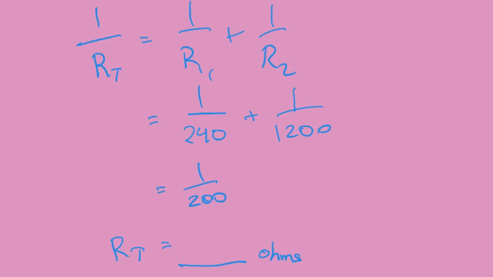All right, are you ready? We need to find the total resistance. So here's our formula. When they're in parallel, the total resistance is equal to 1 over R1 plus 1 over R2. So you should have gotten 240 for R1 and 1,200 for R2. Now use your calculator, and if you have the A, B, C button, you can put in 1 over 240 plus 1 over 1,200. And I want you to do that step. Okay, go ahead and do that and confirm that you get 1 over 200.